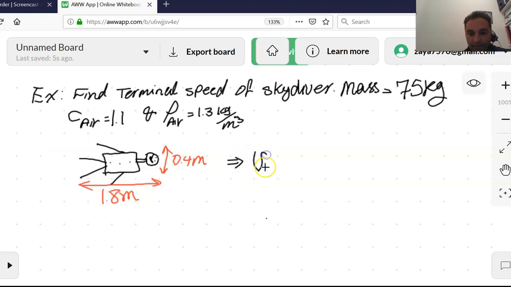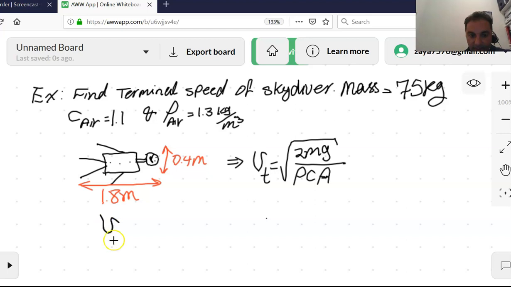Okay, now if I go over the terminal velocity equation, I can write Vt is radical 2mg divided by rho C A. Okay, now if I substitute these values, so remember this is not tangent velocity, do not be confused about this Vt and the Vt that we will have in chapter 8.